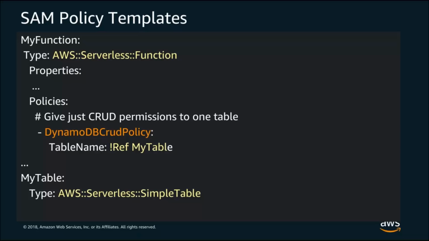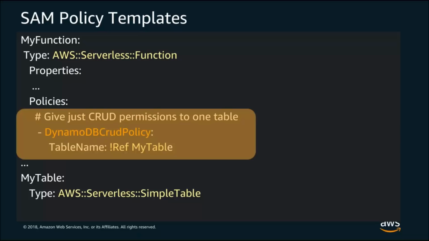Now that might be way too permissive inside of my environment, and so I would typically want to scope it down to a single table. And so what we've done with SAM policy templates is we've created a number of predefined policies that take an attribute, and this greatly helps you simplify what you need to do from a policy creation standpoint. So we see here that this policy is called DynamoDB CRUD policy.